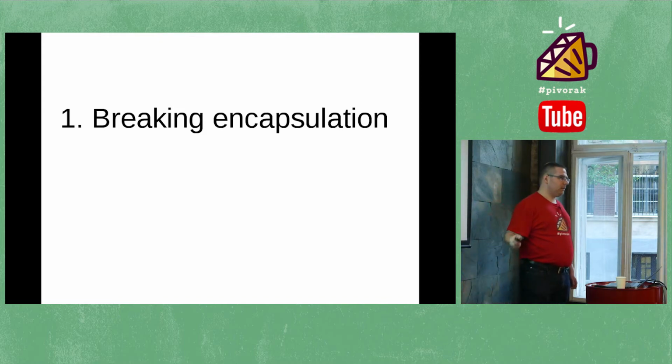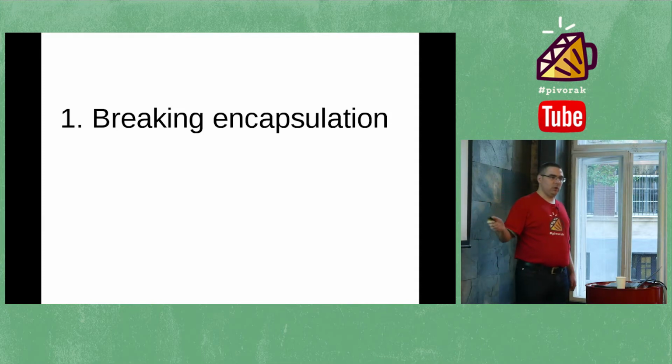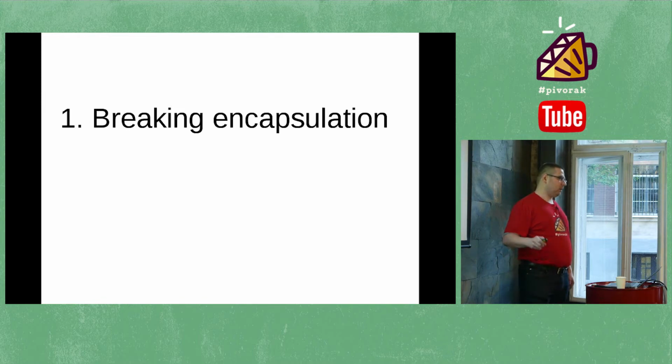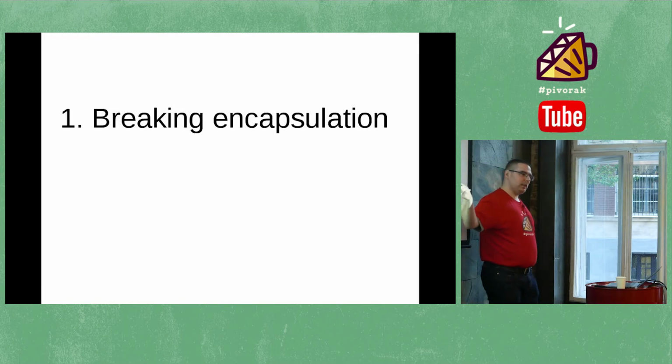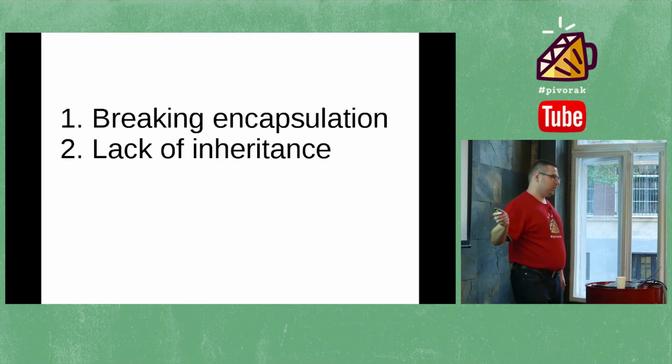And even if we are provided with rules, how to write code that doesn't break encapsulation, with rules which make you write better code, you still don't have good explanations what encapsulation is. So I want to go over encapsulation, show what encapsulation is, give you an idea what it does for you.